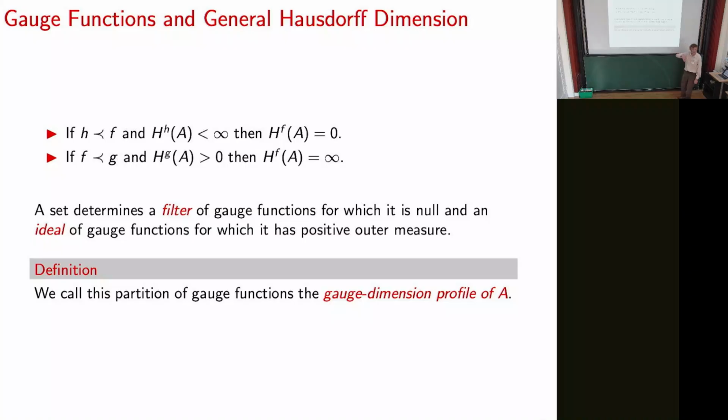And that partition, we call the gauge profile of a set. It's just a complete account of for which gauge functions the set has positive measure. So for which gauge functions does the set look big? That's a very finely granulated or calibrated account of the dimension of the set.